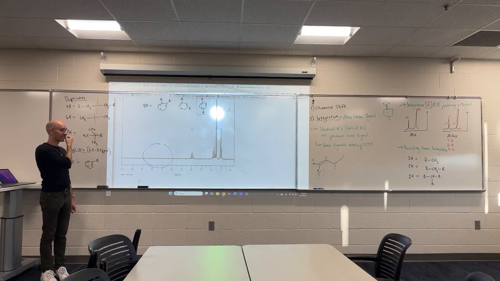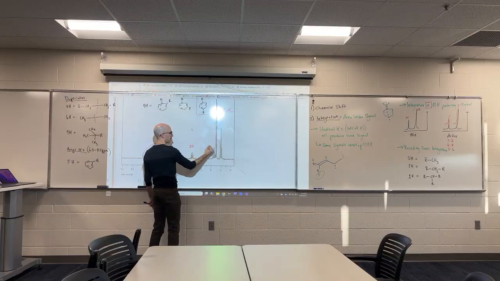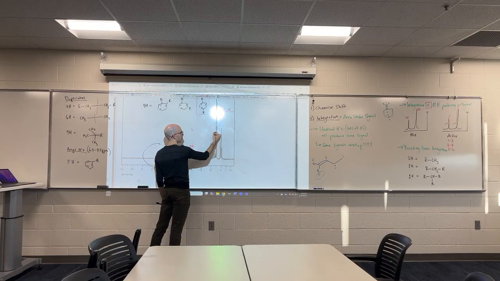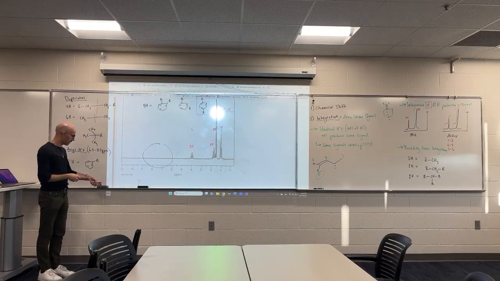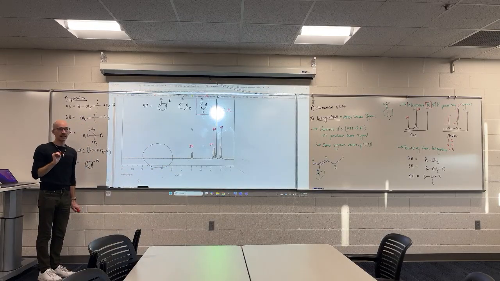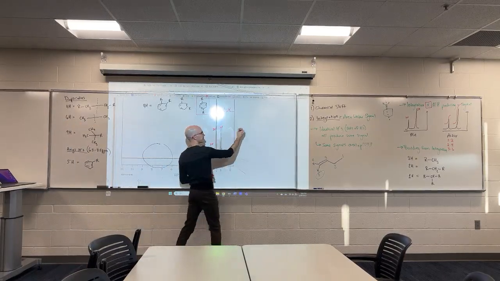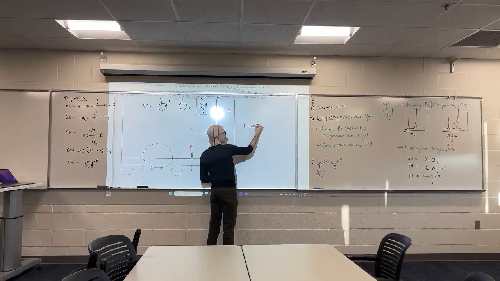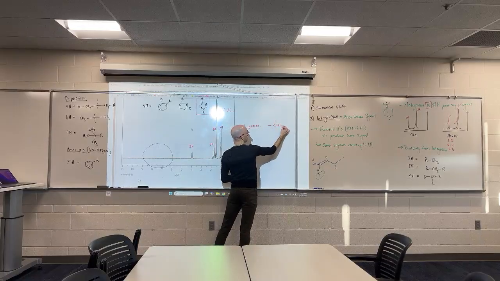So I want to come back to this structure we were looking at. We had 1H, 2H, 3H, and 3H. And I want to build from this integration. I know that I've got 4 pieces to this molecule. I've got a CH group.